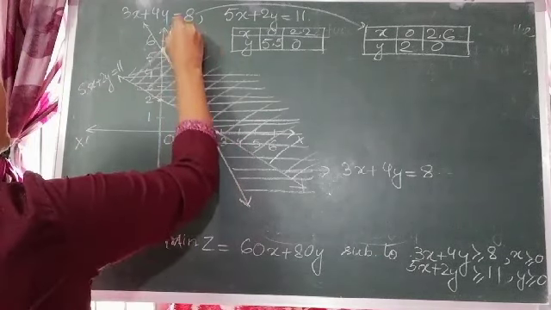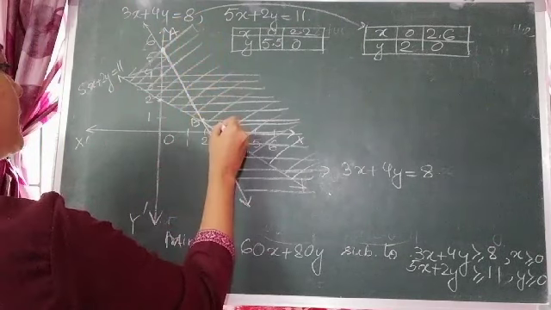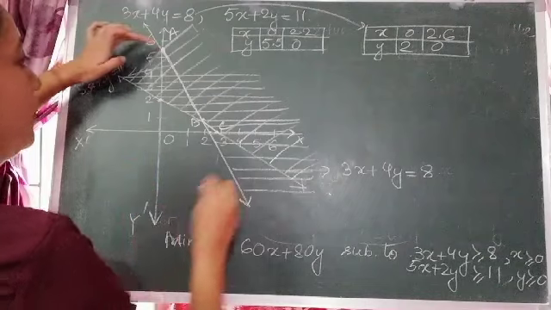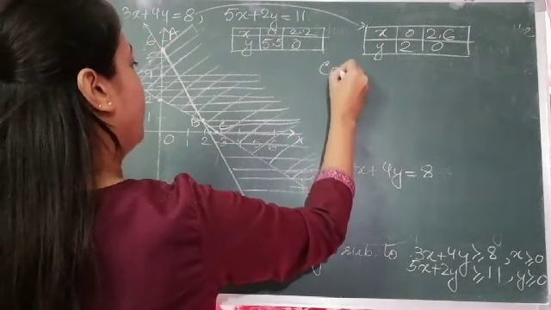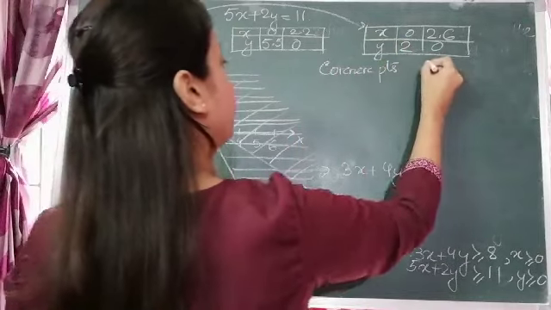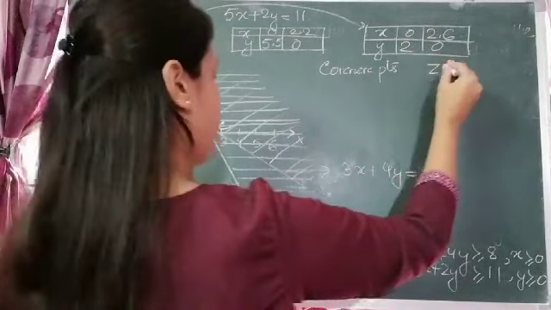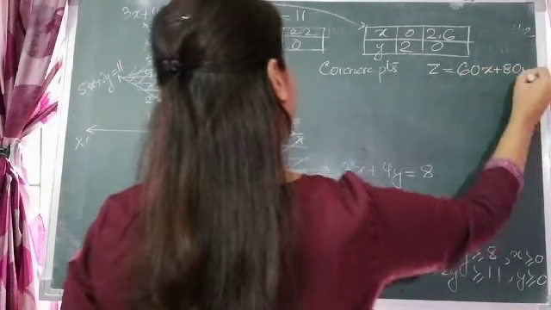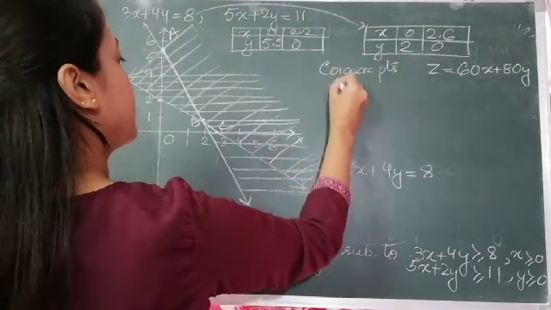Let this be A, B and C. Let me write the corner points and accordingly I'll write the coordinates. Okay, and z is equal to 60x plus 80y. So the corner points are A, B and C here.